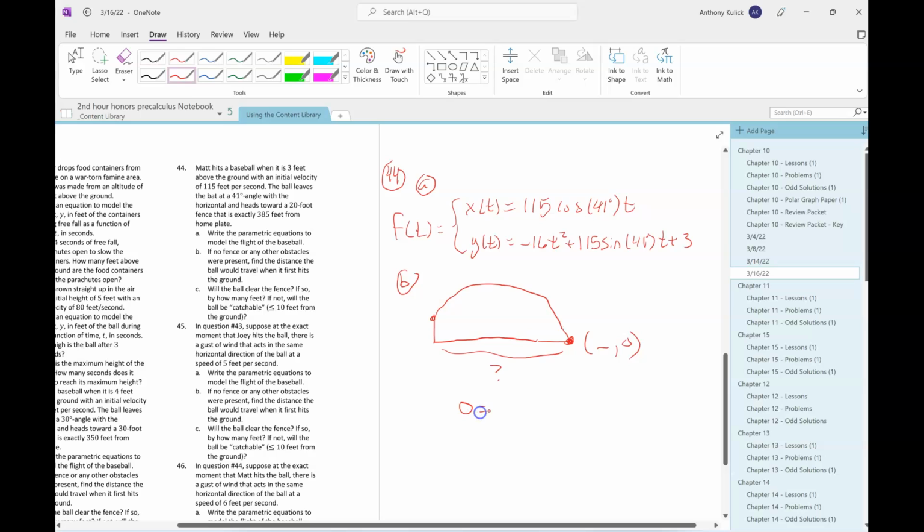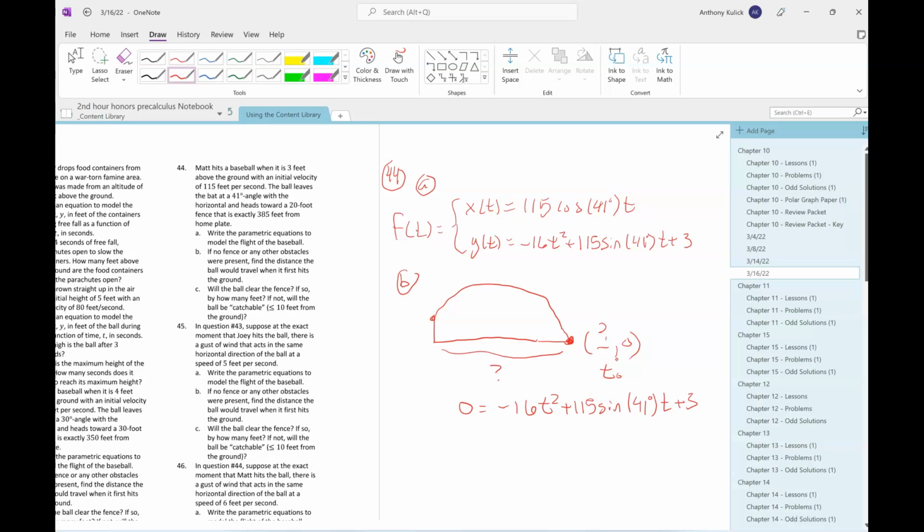So I can use that 0 to plug in for y, solve for t, and then you plug that in for x of t to get the x coordinate there, right? So I want to find the t at that spot when the y is 0. And then I can use that to find the x once I have my t.